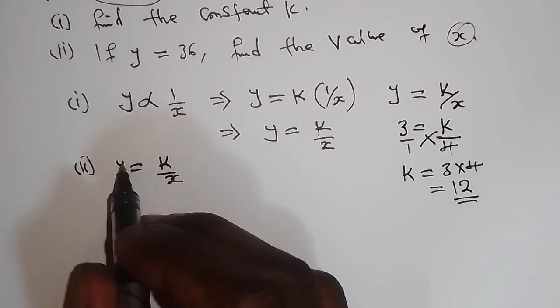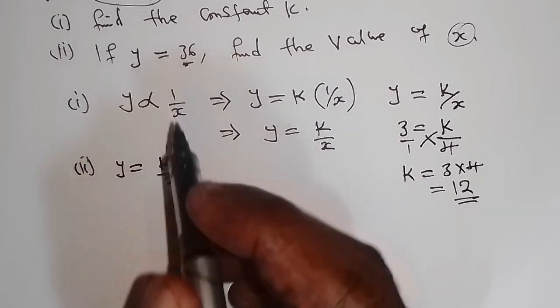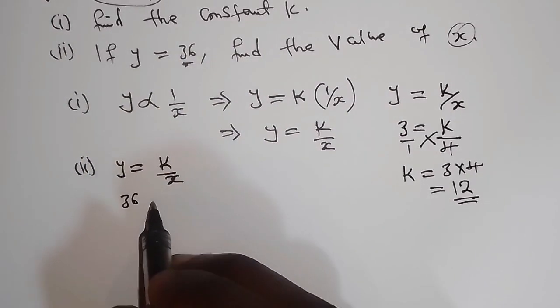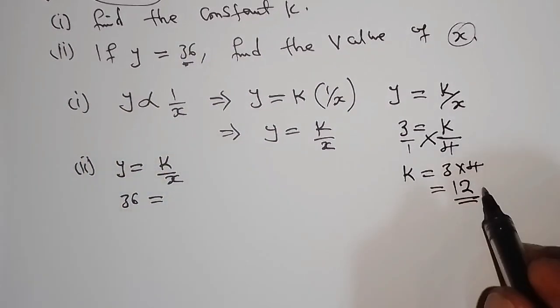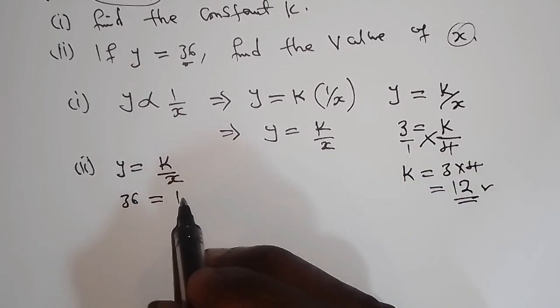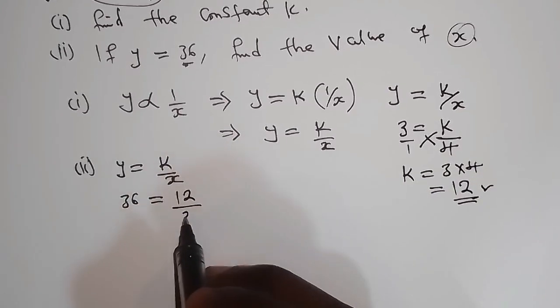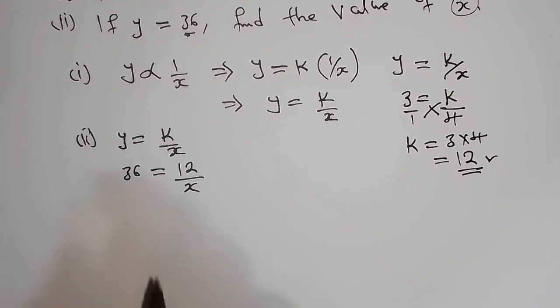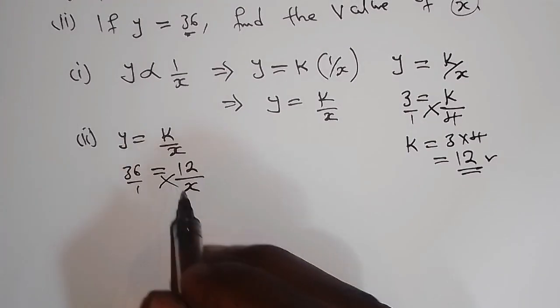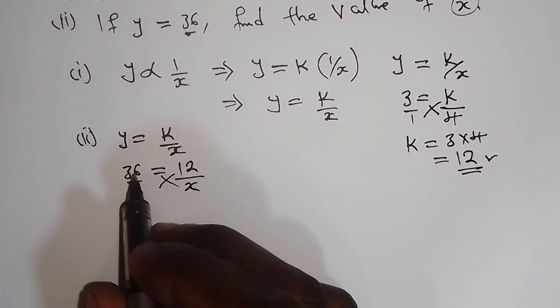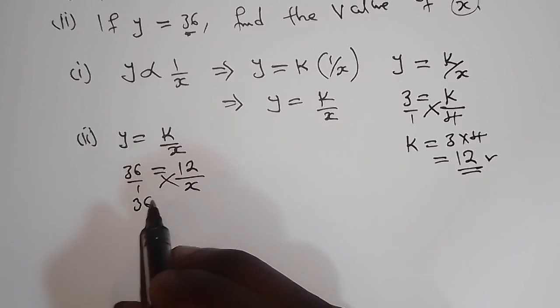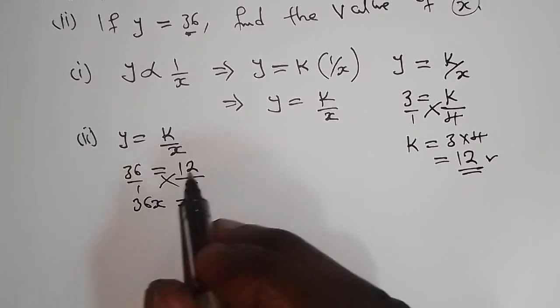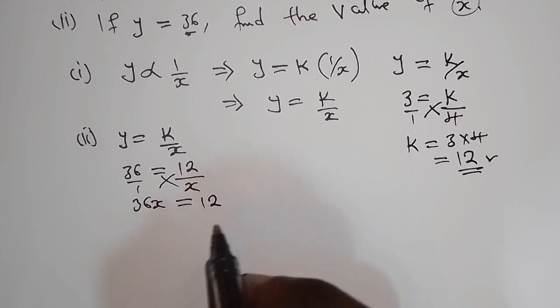So where is y, we put 36. So 36 equals, our value of k is 12, over x. From there you cross multiply: 36 times x is just 36x equals 1 times 12, just 12.